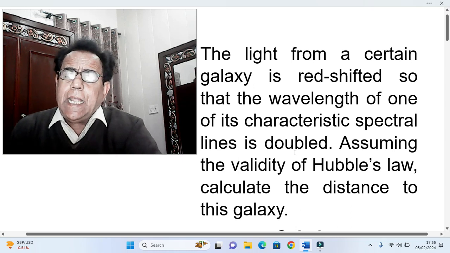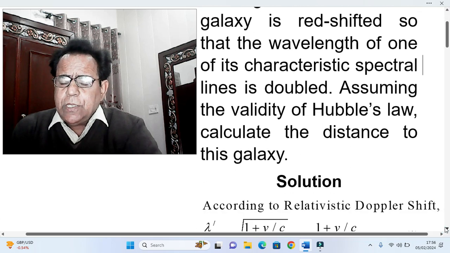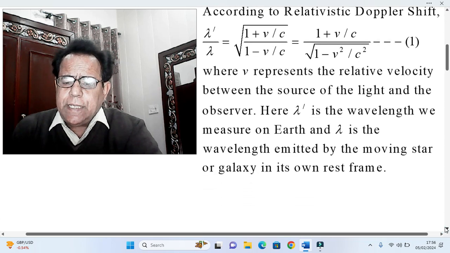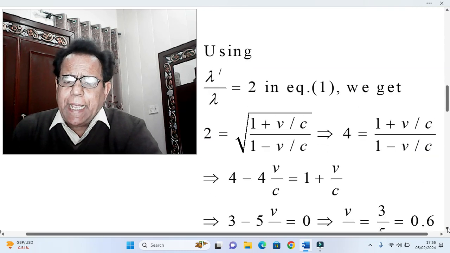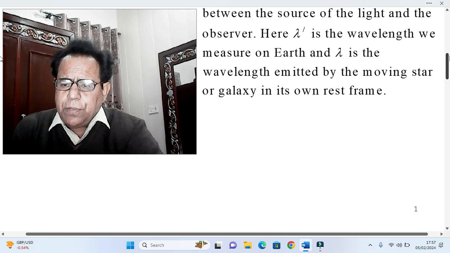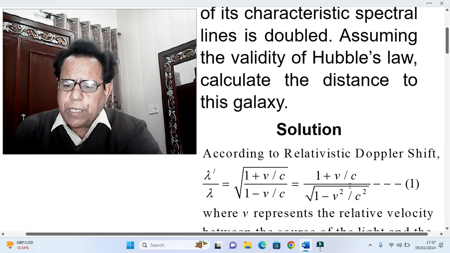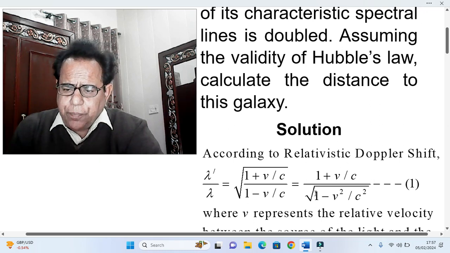It means lambda dash over lambda is equal to 2. Using lambda dash over lambda equal to 2 in equation number 1, here we will use 2 in this place, and then we will solve.